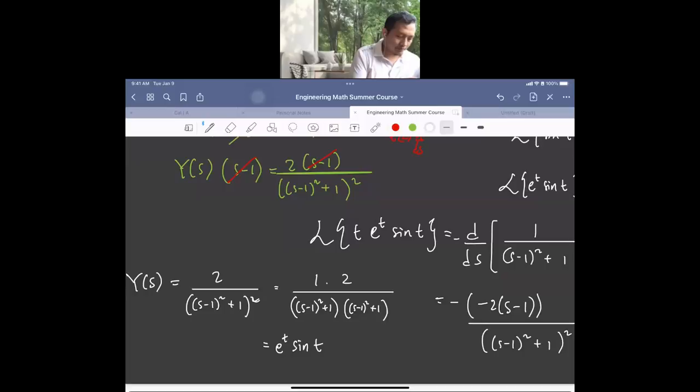And the other part, if you remember, if we take this s and we have another s down there, that will be plus or even minus t e^t cos t.